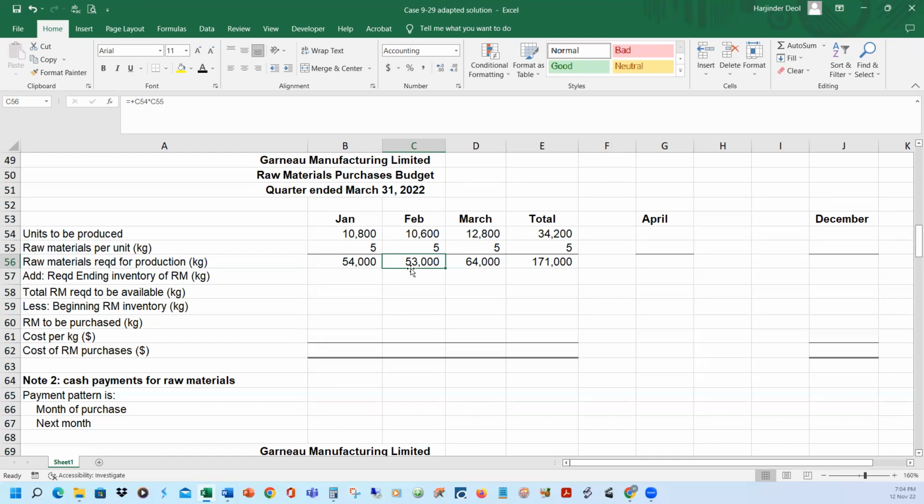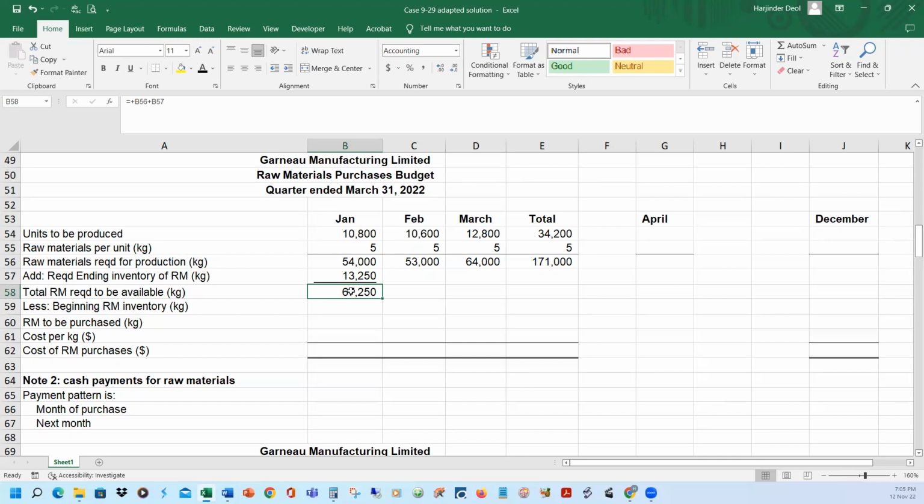So we want to maintain an ending inventory of raw materials in the month of January equaling 25% of February's requirement. That gives us 13,250 kilograms. The total quantity of raw materials that is needed, therefore, adds up to 67,250 kilograms.